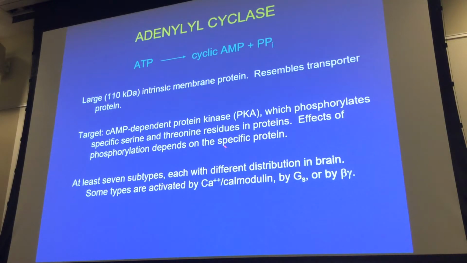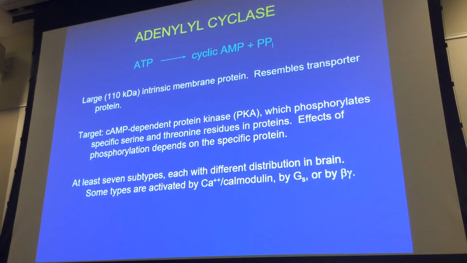Now, adenylyl cyclase is a complicated series of proteins. There are at least 7 subtypes of these enzymes, and each of them has different distributions in brain, and they're very different in terms of what they're activated by. Some of them are purely activated by calcium and calmodulin. Those are the calcium calmodulin dependent cyclases.